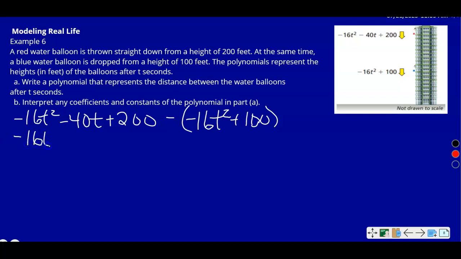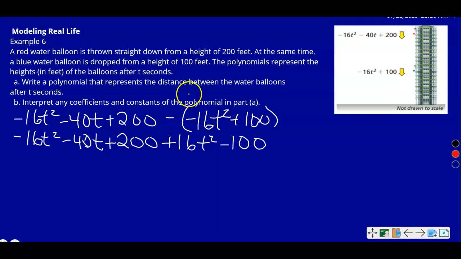So we're going to have negative 16t squared minus 40t plus 200, and then minus negative 16t squared is plus 16t squared, and minus 100. Once you distribute the negative, you don't need the parentheses anymore. The parentheses showed me that I had to subtract everything from this expression. Now you can just combine like terms.